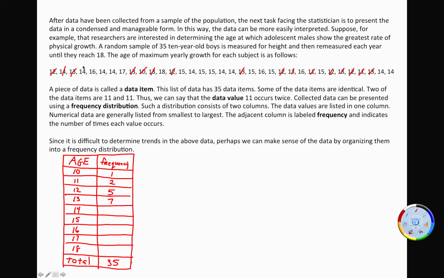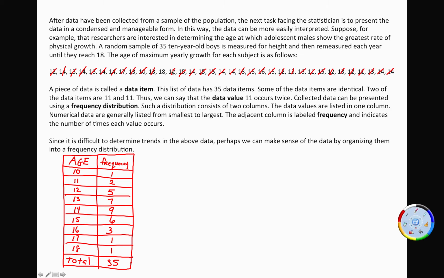Okay, 14 is 1, 2, 3, 4, 5, 6, 7, 8, 9. 15: 1, 2, 3, 4, 5, 6. 16: 1, 2, 3. 17: 1, and 18 looks like 1.